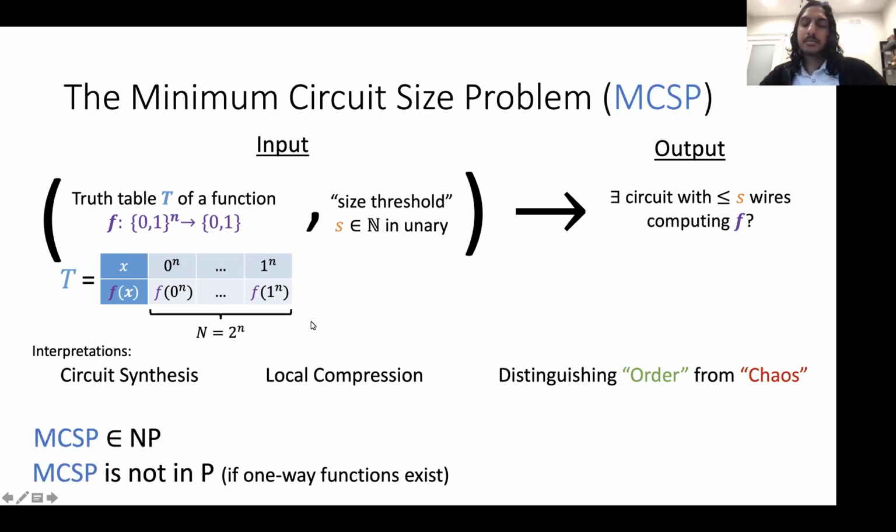What might not be as easy to see is that this problem actually needs to be difficult if cryptography as we know it exists. I don't want to get too far into how this is proved, but the intuition is that if cryptography exists, you can come up with pseudo-random strings that are difficult to differentiate from random strings.